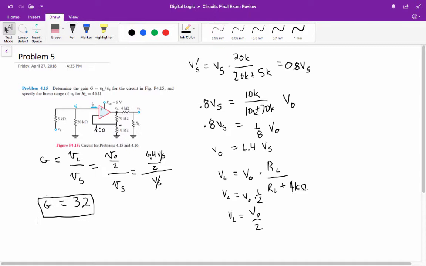Okay, we also have to find the linear range, and the linear range is governed by the requirement that the absolute value of V out has to be less than or equal to VCC.